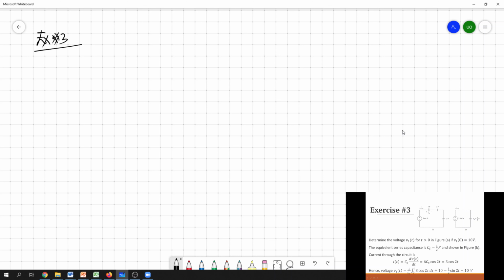The source is 3 sine 2t. So your voltage source is 3 sine 2t. It's the voltage source which powers the circuit. So we have 3 series capacitors. So how do you manage to evaluate the current? You are asked to evaluate the voltage across the first capacitor.